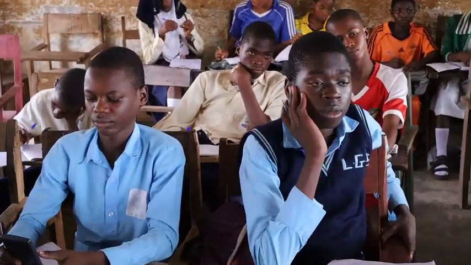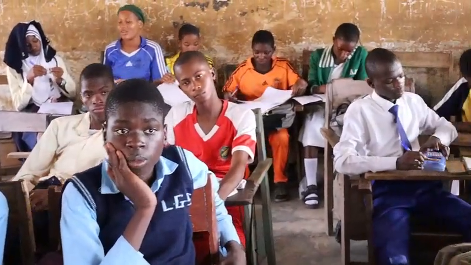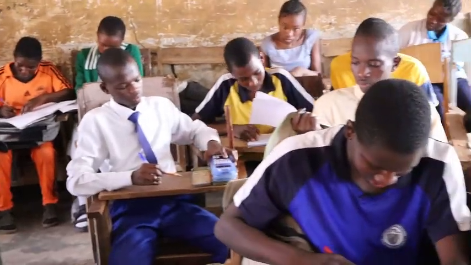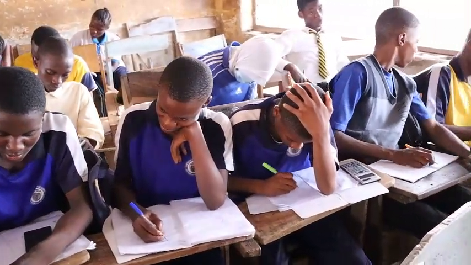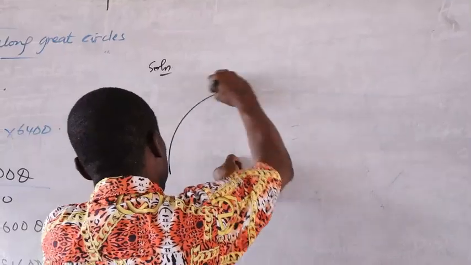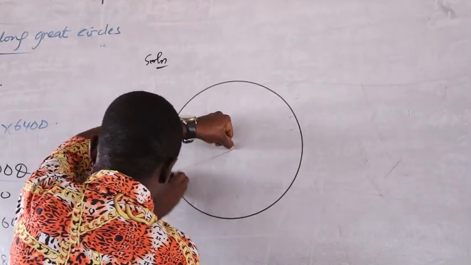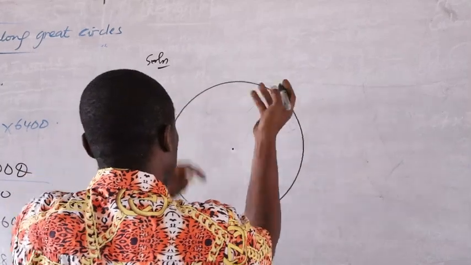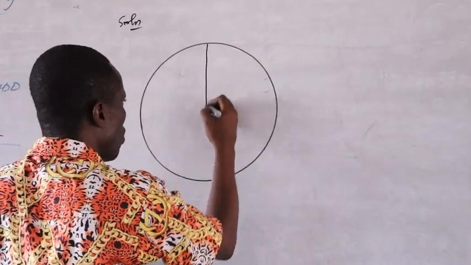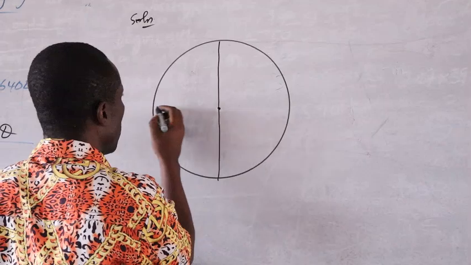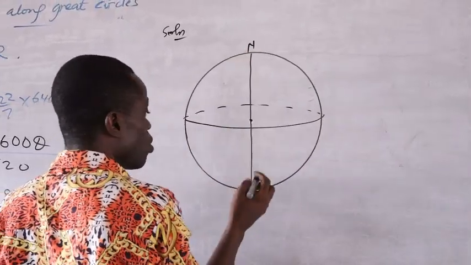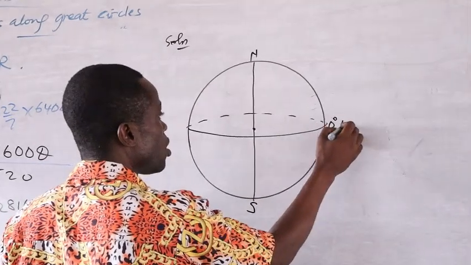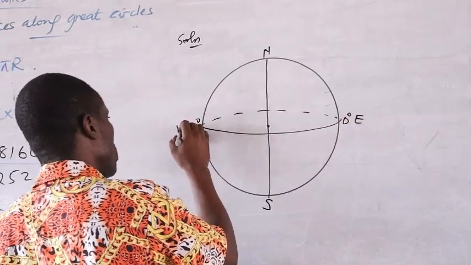Drawing the diagram. Let me draw the globe on the board. You have this. So we have this as the polar axis. We have this as the equator, north, south, 0 degree east, and 0 degree west.